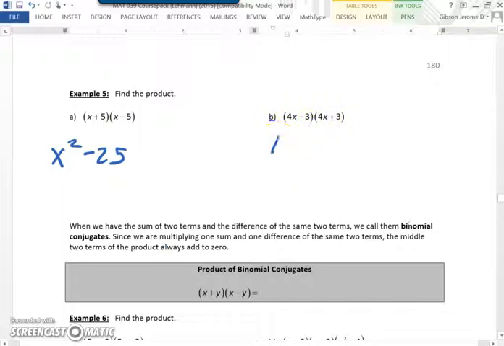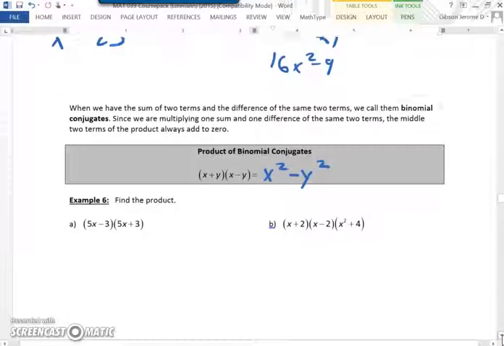Same thing here. This would be 16x squared plus 9. Minus 9. Should be minus 9. So it'd be 16x squared minus 9. Remember, you multiply the first two and the last two. And then it says product of binomial conjugates. Basically, you will multiply the first two and multiply the last two. And then that's it.